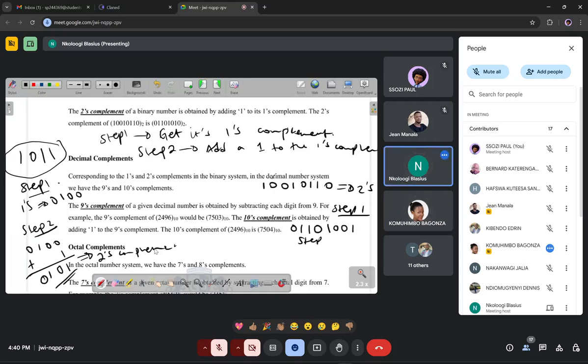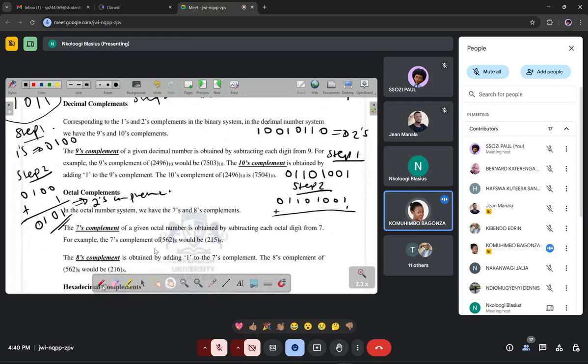Then step 2. We add 1 to that. So what now would be the answer? Let's first add the one there like that. Ideally if we are to add 1 plus 1, it would give us a 2, but then we cannot write 2 there. So we assume there are 2 digits, one and another 1.